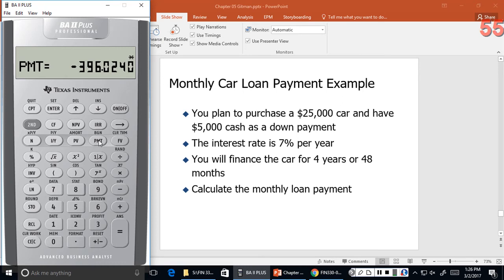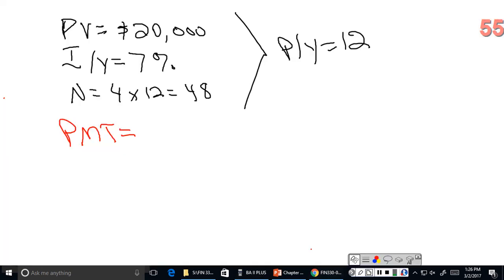Did I do you a favor by doing that? No. What I did, you saw me put the number in. What I did is I just changed the number of payments from 48 to, I changed it to 60 payments, which is 5 years.